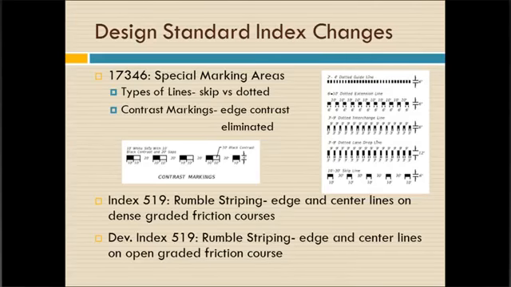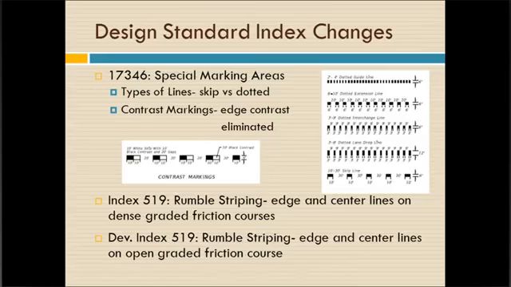But rumble striping on dense graded friction course is very predictable. You can set the stop and, by and large, it will fall within a 3/16 of an inch max-min area.